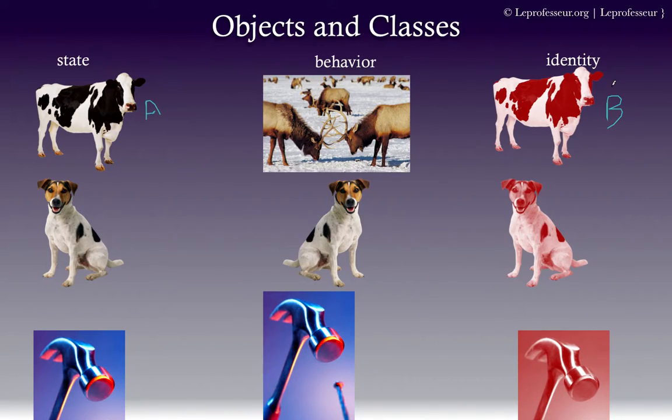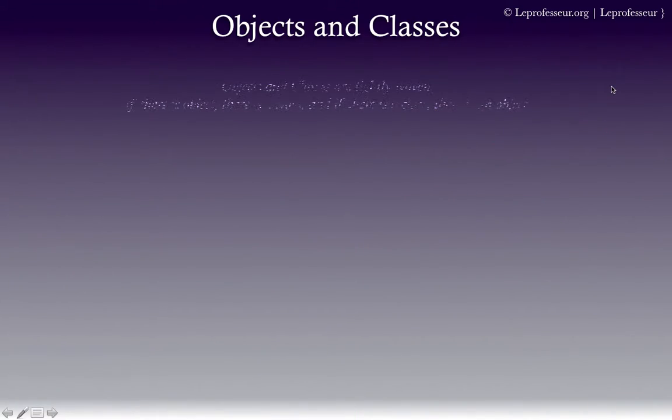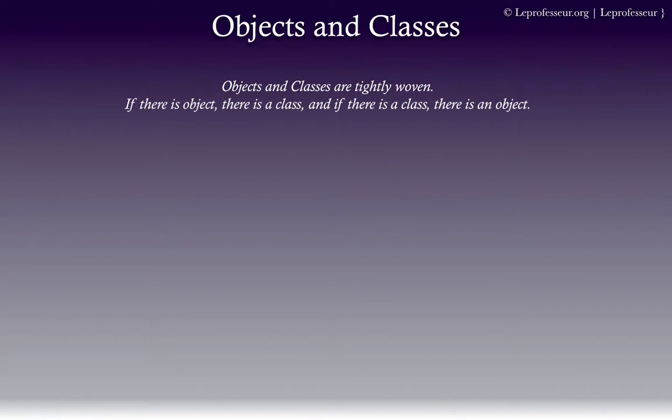So in day-to-day life, we see different objects. Now, if there is an object, there's going to be a class. What we understood is that objects and classes are tightly woven into each other. If there is an object, there is a class, and if there is a class, there will be an object.